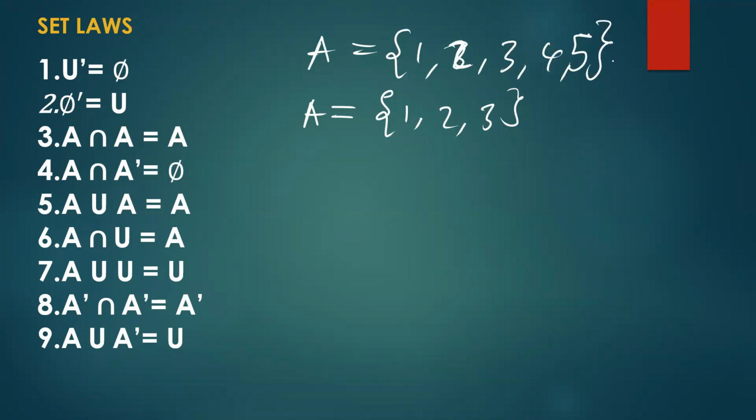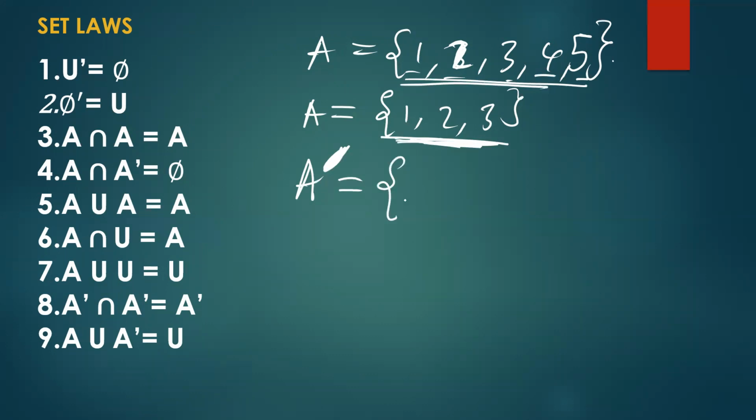A complement will simply be what is not in A, but is present in the universal set. So what are those numbers? We have 4 and 5, because 1, 2, 3 are also in A, but A complement means we find what is not in A, but is in the universal set. So that is just 4 and 5.